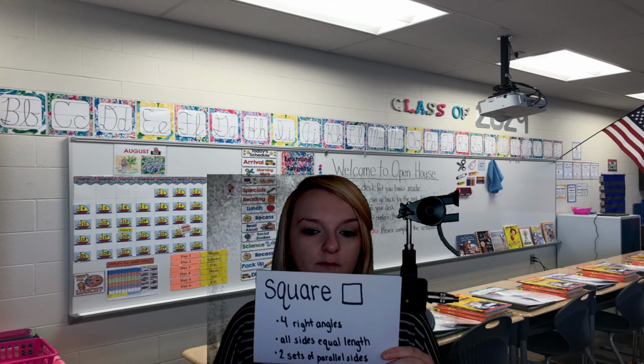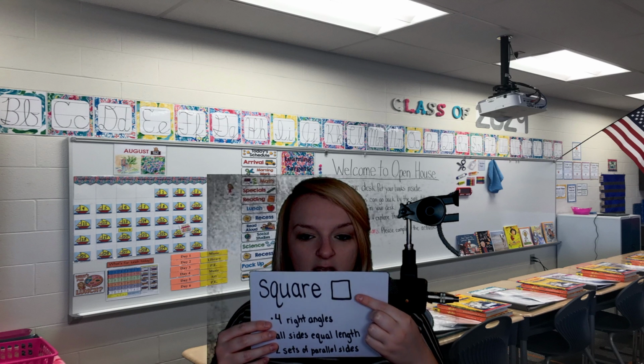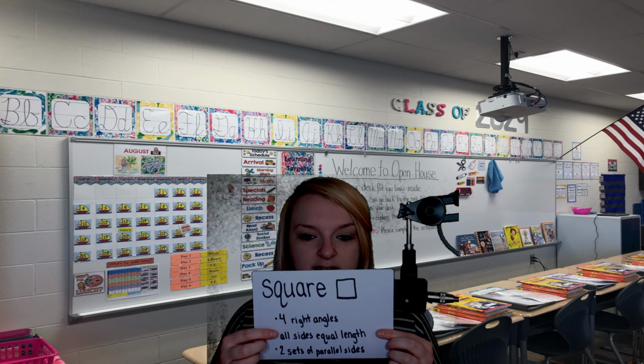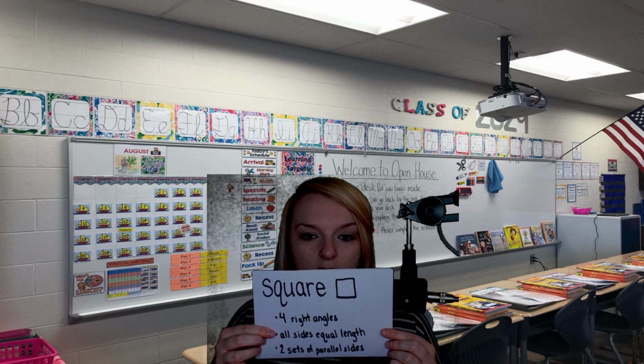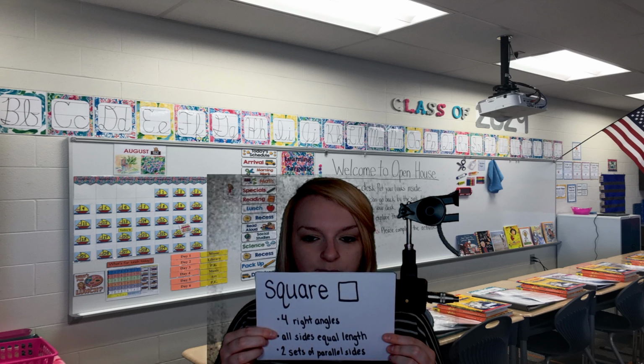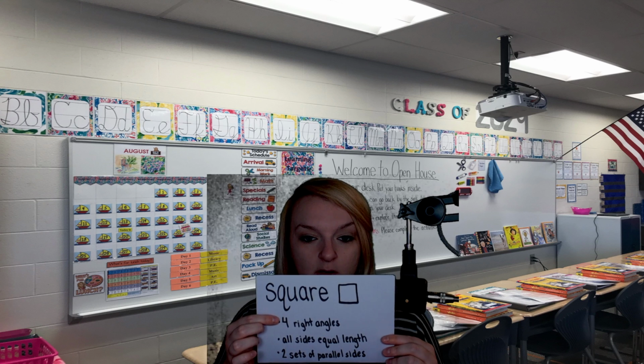Squares, we know, if you know any of these, it's probably that all 4 sides of the square have to be equal length. That's our second bullet point here. All the sides have to be the same length for it to be a square. It also has to have 4 right angles.